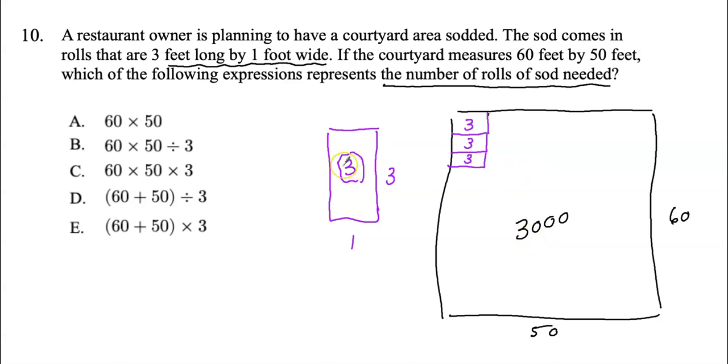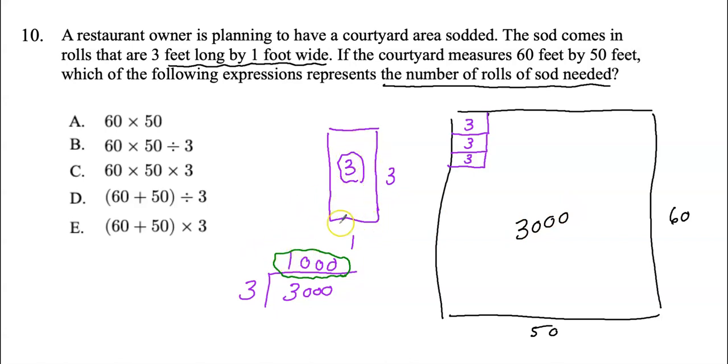So I'm just going to take this 3,000 and divide it by 3. You have a calculator you can use, but let's see, 3 goes into 3 once. It's just going to be 1,000. And that's going to be my answer right here. I just went 3,000 divided by 3 is 1,000.